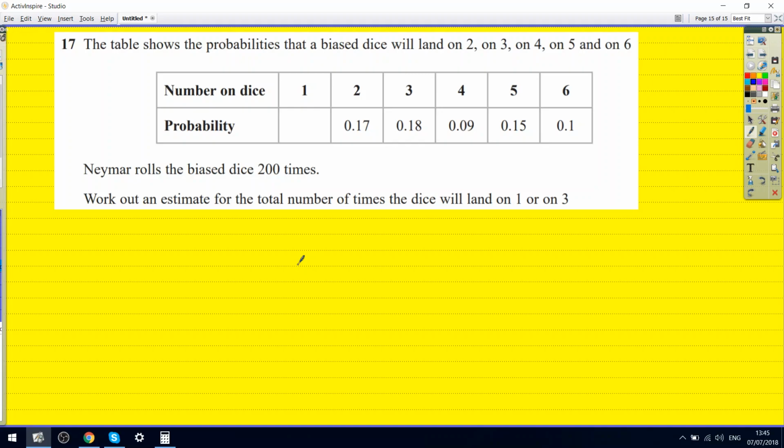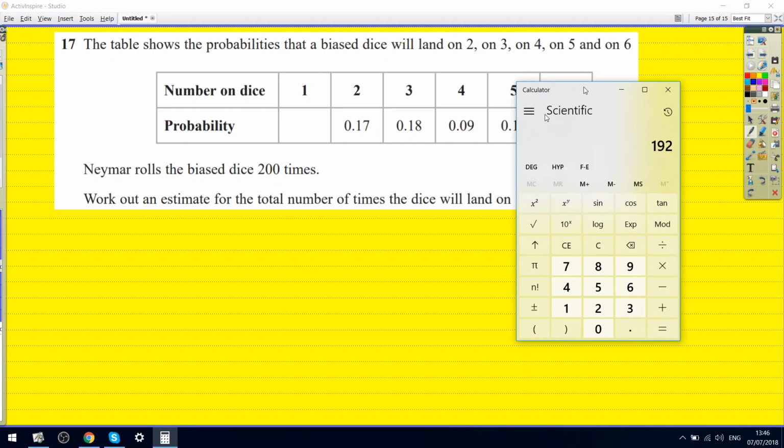Wait. 1 divided by 200. So if you add up 2, 3, 4, 5 and 6, do you mean like 2 plus 3 is 5 plus 4 is 9? No, like the probability. So 0.17. Okay, yeah. Sorry, that's what I meant.